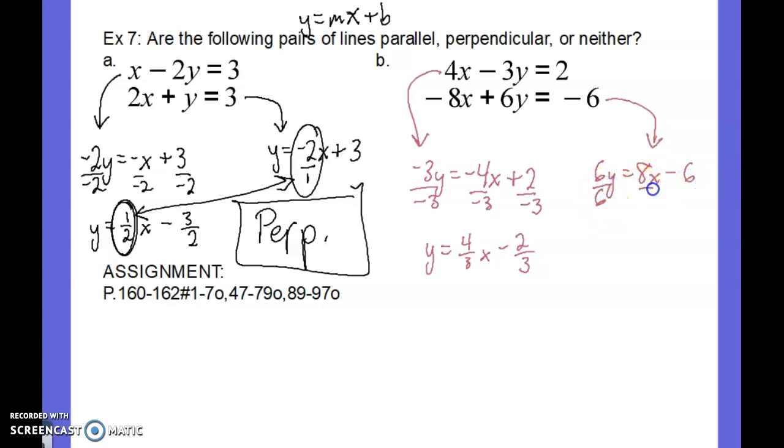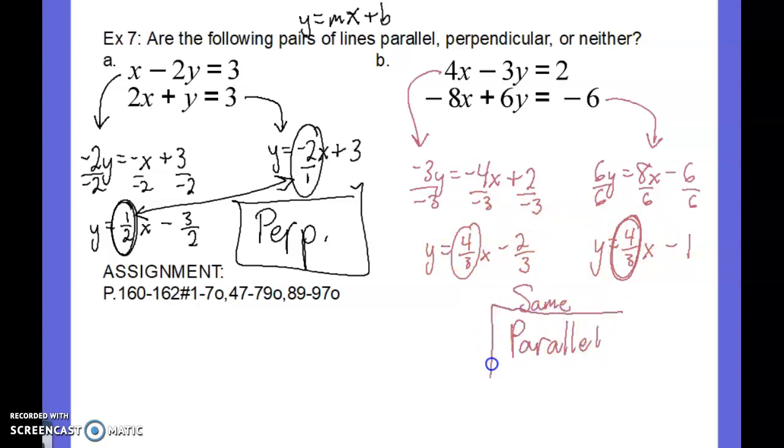Divide everything by 6. So I'm looking at y equals, this is y you want to reduce. That's 4/3 x minus 1, because if you don't reduce, you might not notice that my slopes are the same. And the other thing is, you might want to double check that the y-intercepts are different, because if the y-intercepts are the same, then technically they're not parallel to each other. But in this case, the y-intercepts are different, with the slopes being the same, so therefore they are parallel to each other.